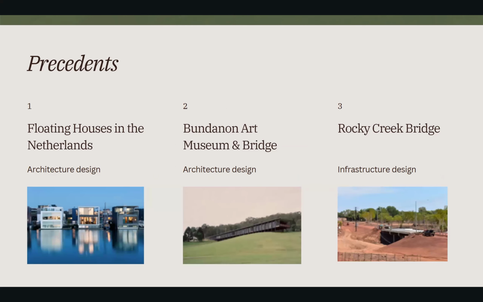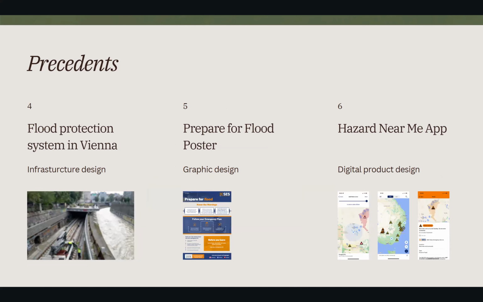So for the precedents addressing the emergency scenarios, we have 6 examples, which are floating houses, Bendigo Art Museum and Bridge, Rocky Creek Bridge, flood protection system in Vienna, Prepare for Flood poster, and Hazards Near Me app.